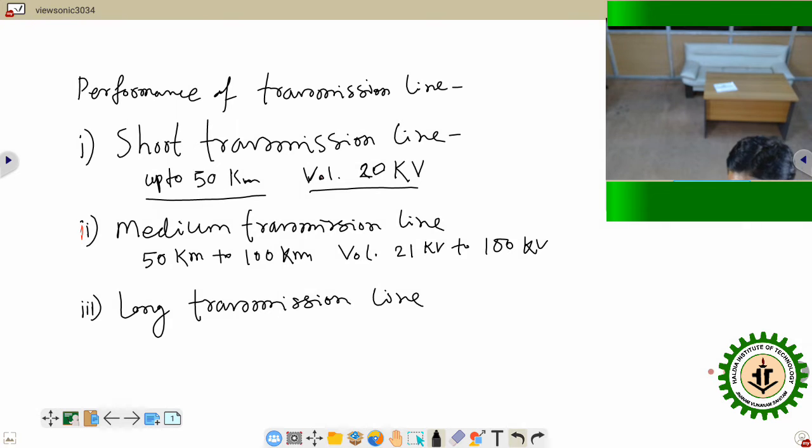So you see, the length is increased as well as the voltage level.